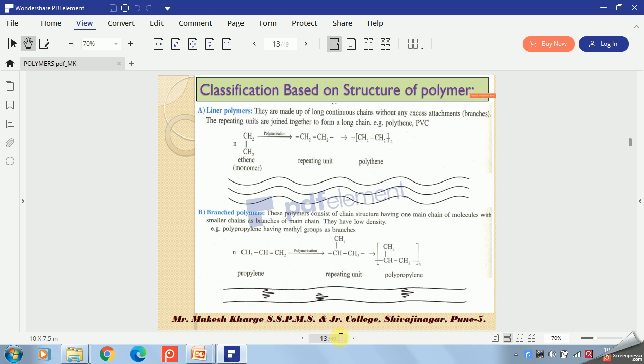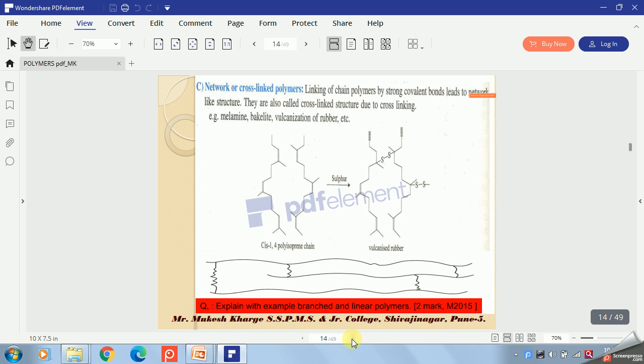Then the next type is network or cross-link polymers. Linking of chain polymers by strong covalent bonds leads to a network-like structure. As the structure is cross-linked, they are also known as cross-link polymers.